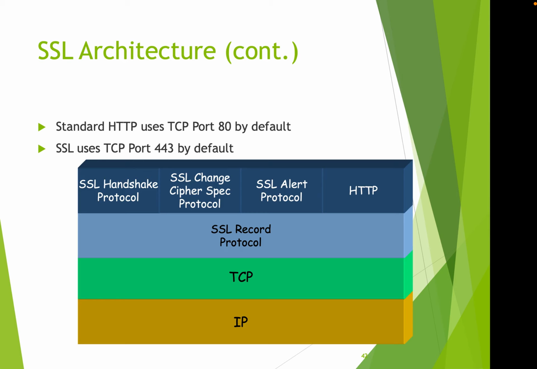The standard HTTP uses port 80, but SSL uses port 443 by default, so they use different ports. For example, in a lot of local area networks, like our EE department, we block everything that is not secure.